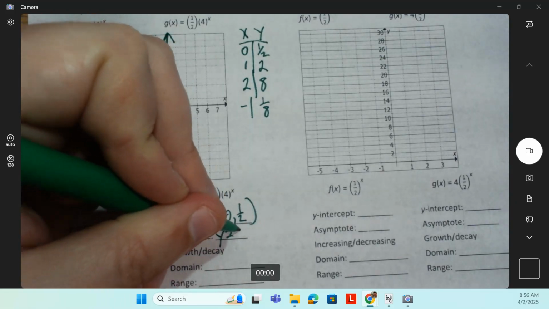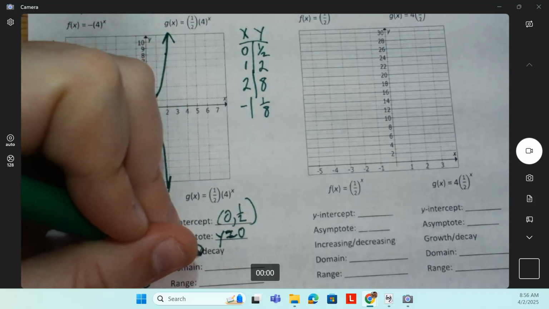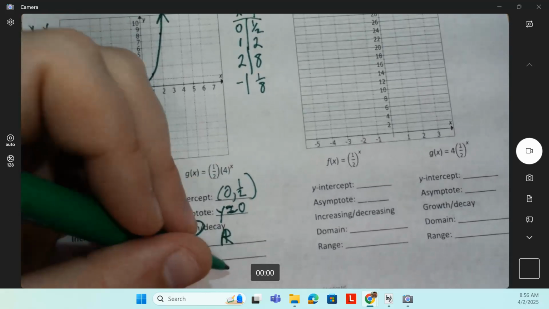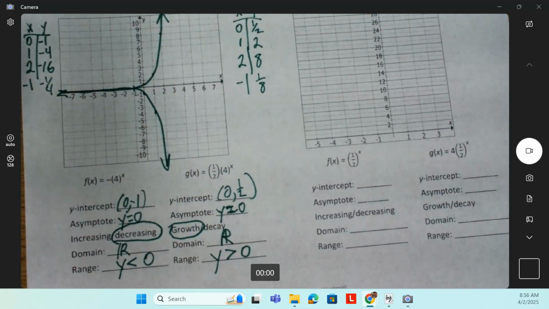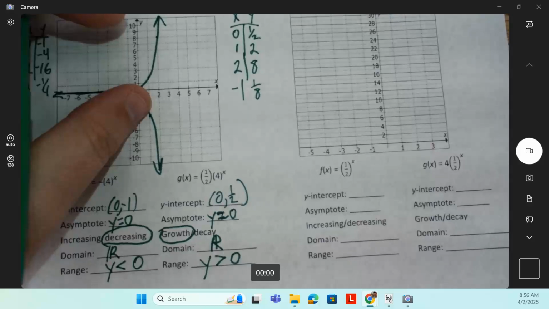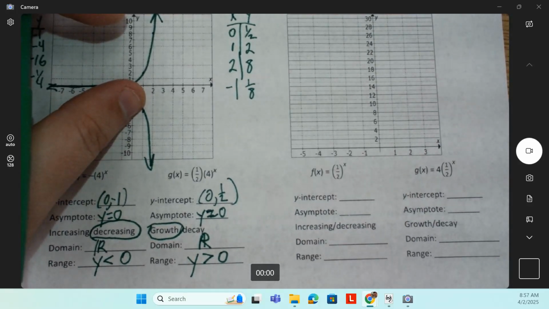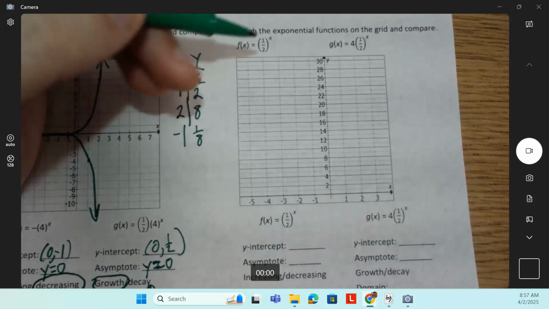Asymptote, still y equals 0. This one is back to being a growth. Domain remains the same. My range is back to y is greater than 0. Okay, so we've got a lot of differences here. We'll look at one more if we've got time.